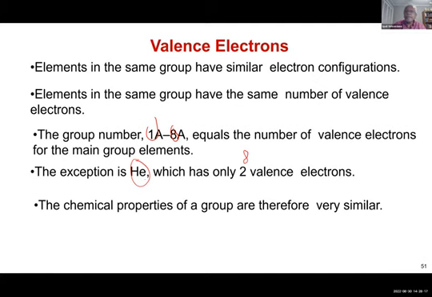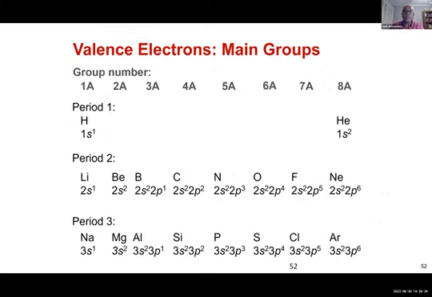Chemical properties are all similar in one group because their valence shell electron configuration is similar. So if you look at the valence shell electron configuration of elements, these are the 8 groups we talked about. The first one is the first period, hydrogen.